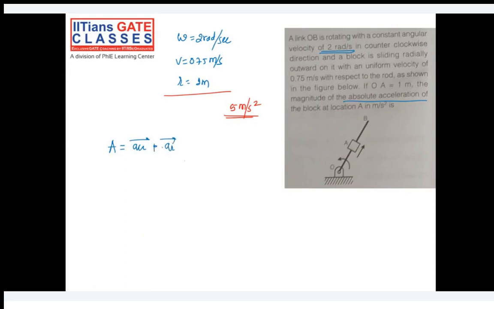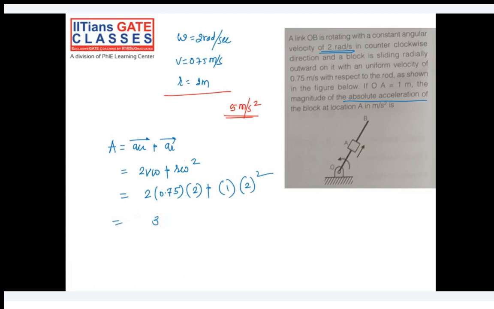Coriolis component of acceleration is 2v omega plus radial component of the acceleration is r omega square. So 2 times 0.75 into 2, plus r is 1, omega is 2 square.